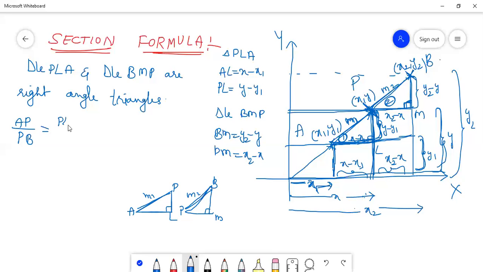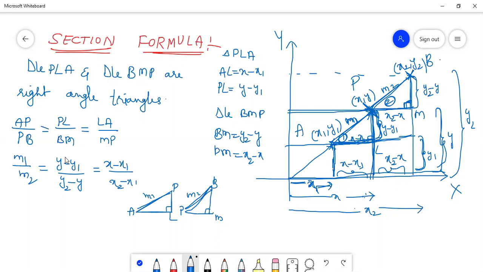Again PL by BM is equal to LA by MP. That is, AP by BP is m1 by m2, which is equal to PL, y minus y1, by BM, y2 minus y, which is equal to AL, x minus x1, by x2 minus x.